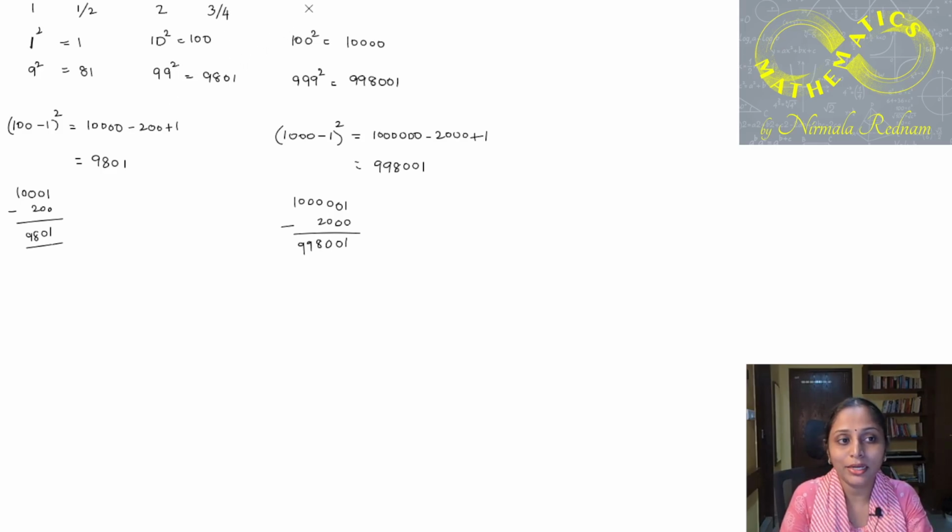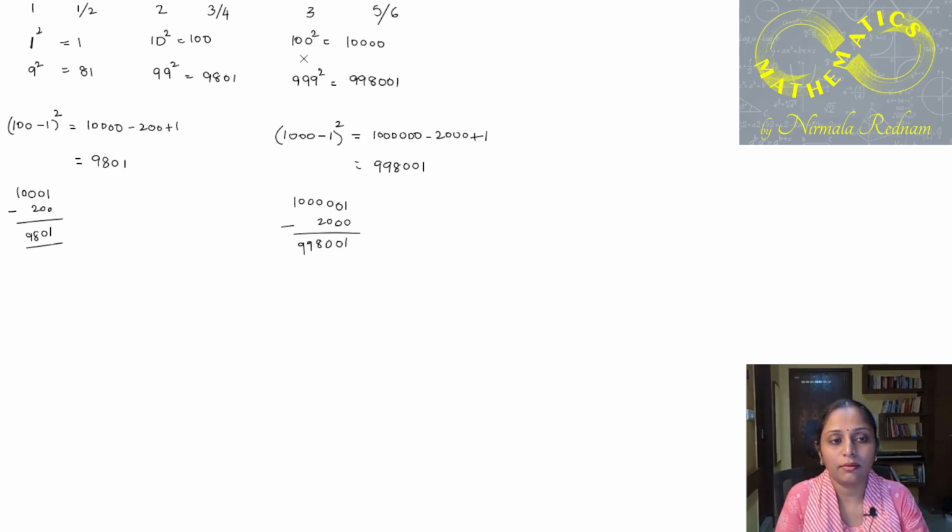And if I have a 3 digit number, the square is going to have 5, and over here 6 digits. So the square of a 3 digit number has either 5 or 6 digits.